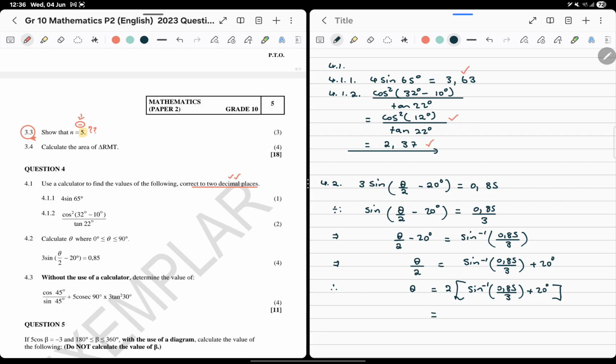So what is that answer? So we can say 2 into arc sine 0.85 over 3 plus 20, close bracket.